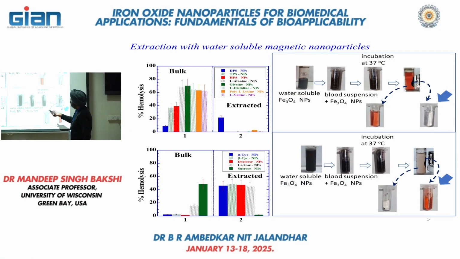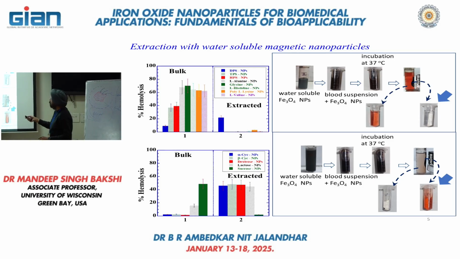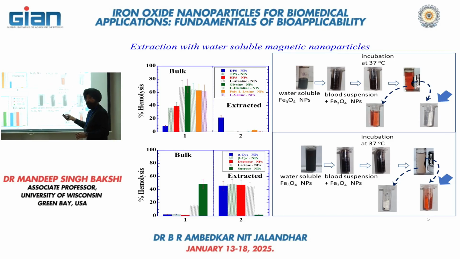How many? One, two, three, four, five, six, seven, eight. We took different kinds of magnetic nanoparticle paired with different kinds of amphiphilic molecules. It means that we have eight samples of the magnetic nanoparticle. When we placed all eight samples separately in the whole blood suspension, all eight suspensions were able to break the blood cell.